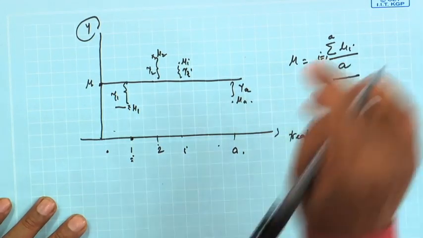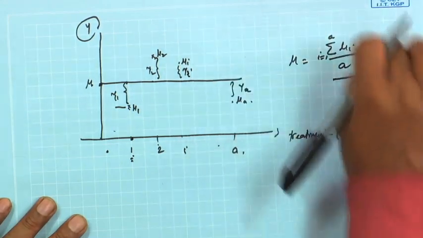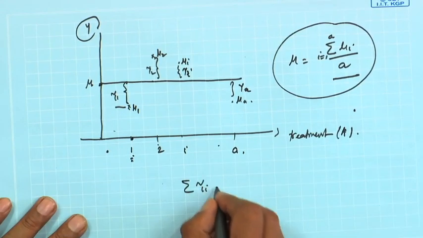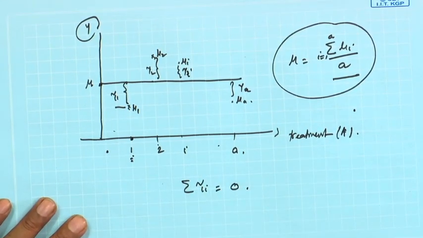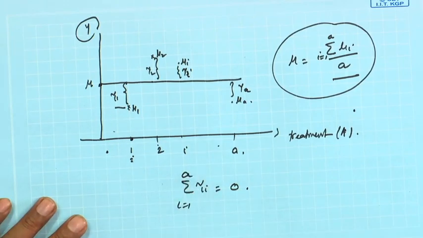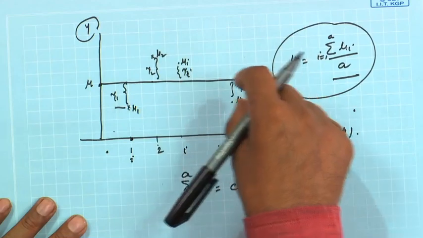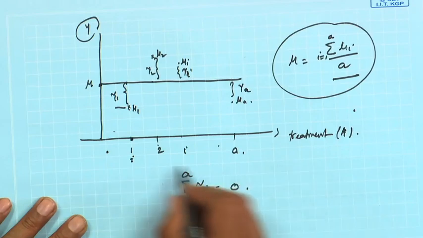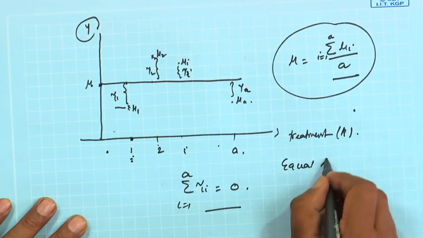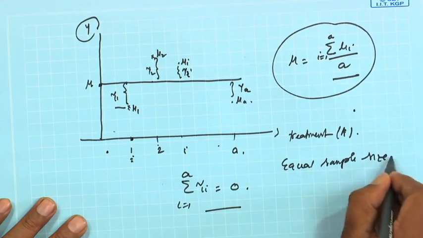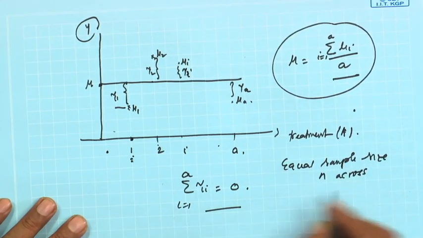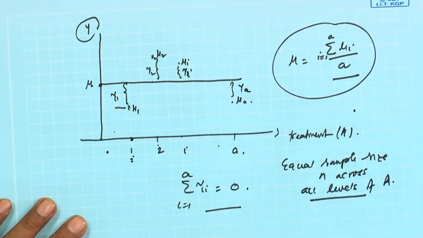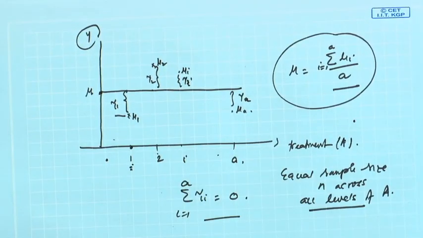Okay. So, this restriction or constraint leads to the sum of tau i equal to 0, i equal to 1 to a, meaning this plus this plus this plus this, if you do, you will get 0. Obviously, we are considering equal sample size, that is n, across all levels of A. When you are doing an experiment, they are considered equal.